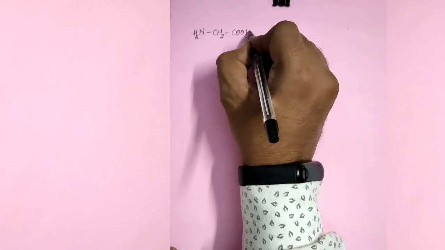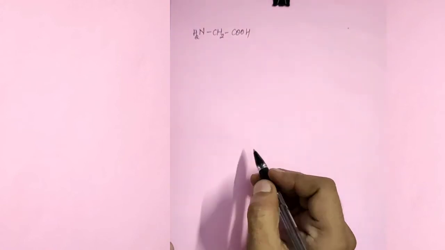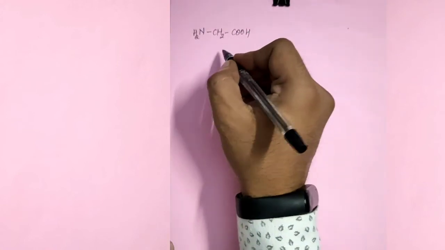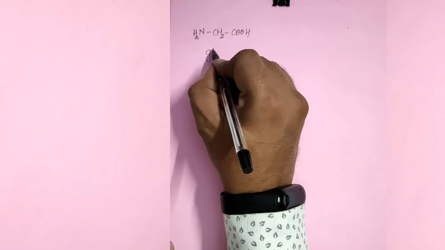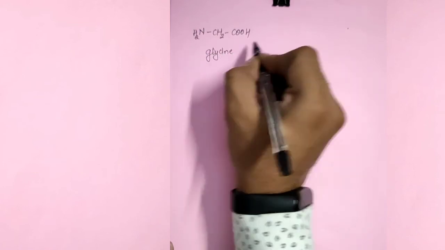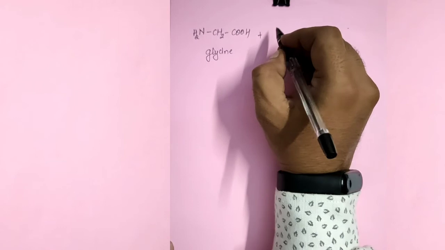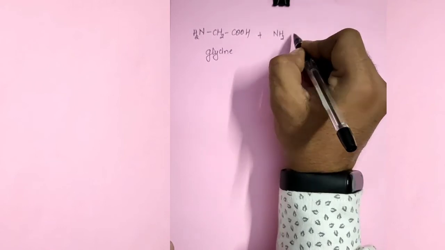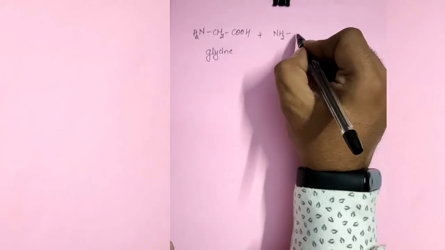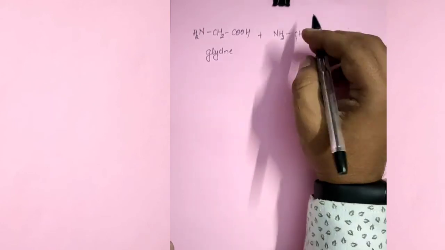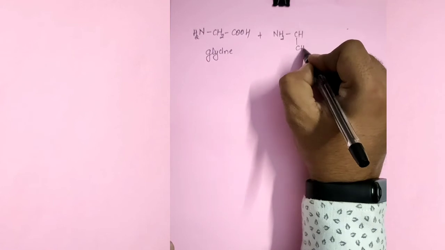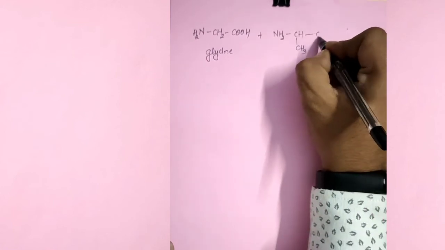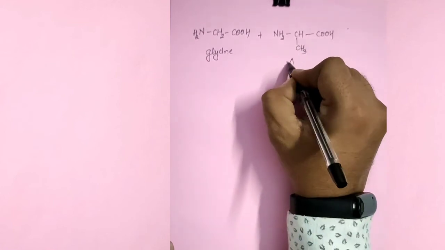This is the glycine, and we have alanine. This is alanine.